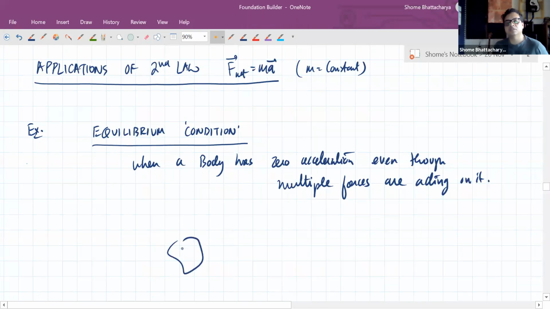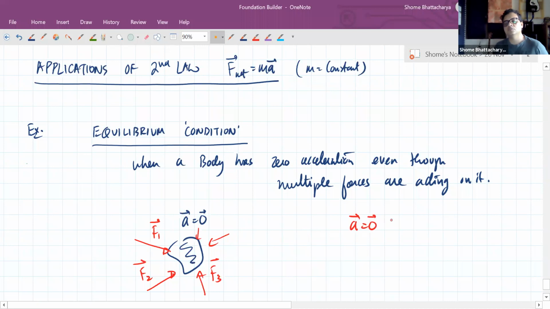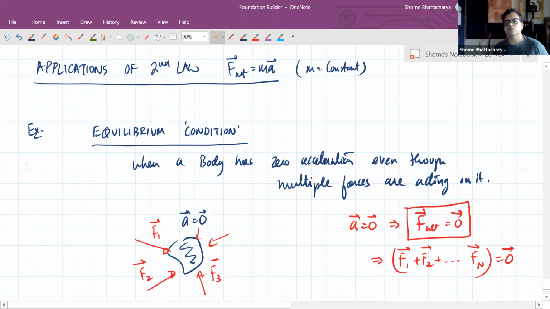So basically, what is happening is that the acceleration of the body is zero, even though we might have various different forces acting on it. So in this case, acceleration equal to zero implies that net force is equal to zero. So that implies that the sum of all the forces, this vector sum, whatever n number of forces are acting, that must be zero. So the equilibrium condition is this, that the net force on the body is zero.